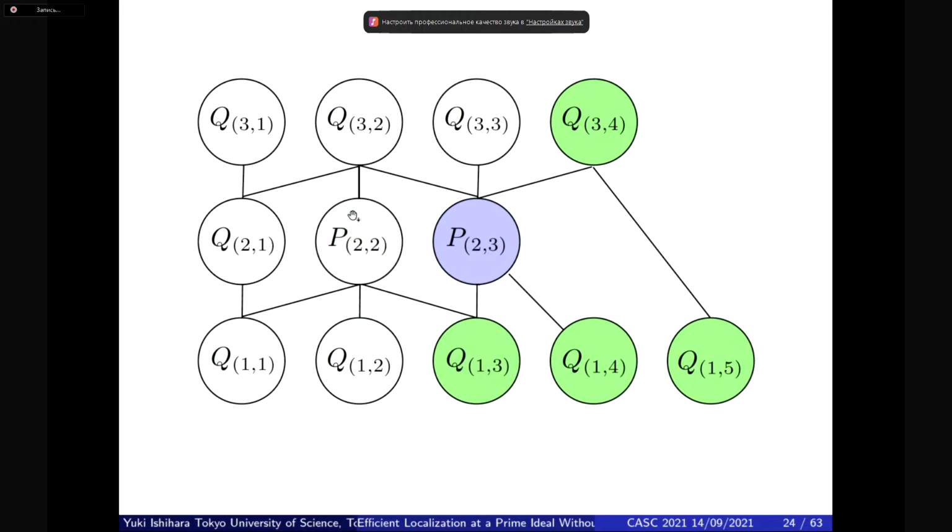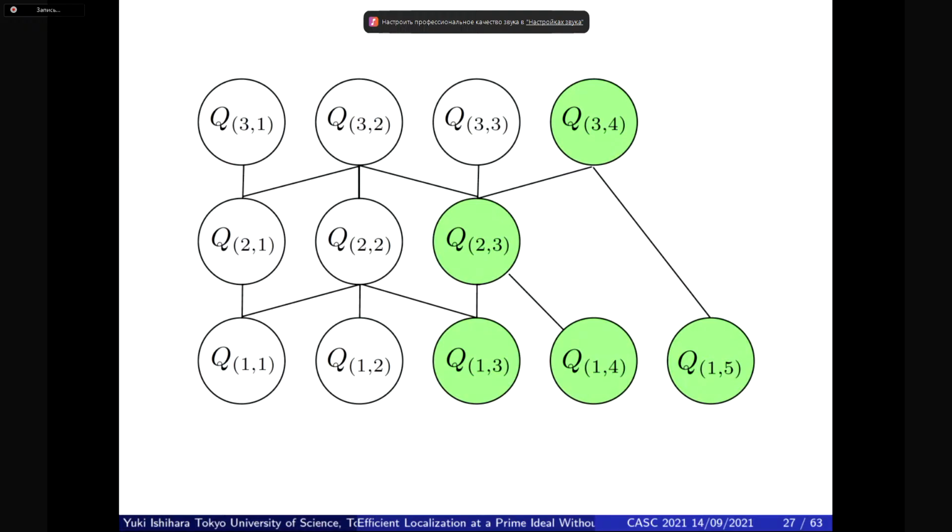So eliminate this one, and compute the primary component corresponding to this one, Q23. Similar steps: compute primary divisors, and these are not contained in this one, so they are eliminated, and then finally we get the localization with respect to this one. So this is an outline of my algorithm.